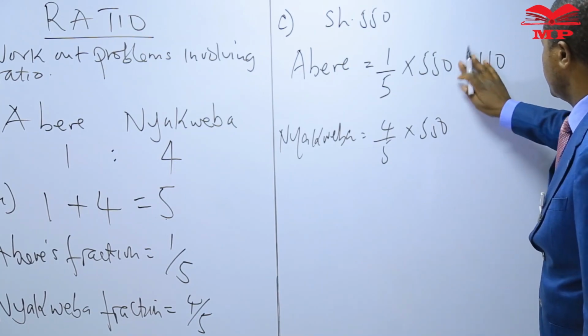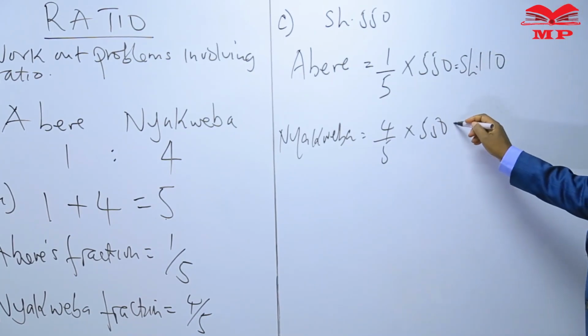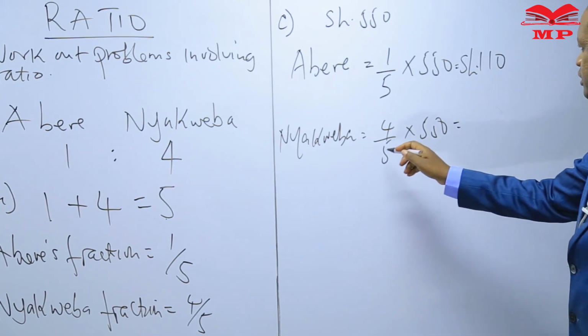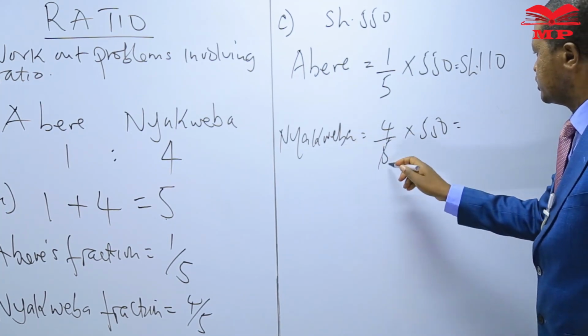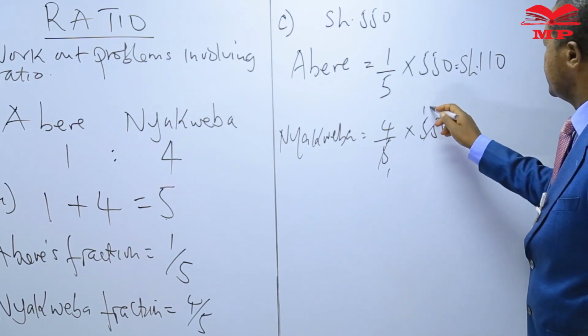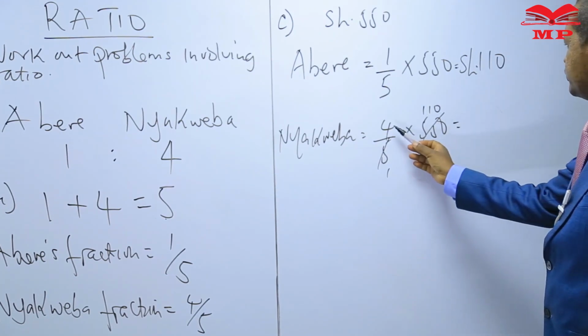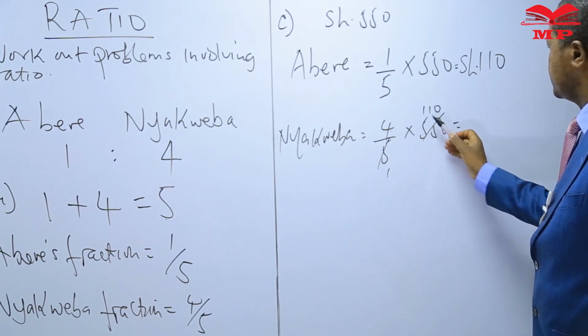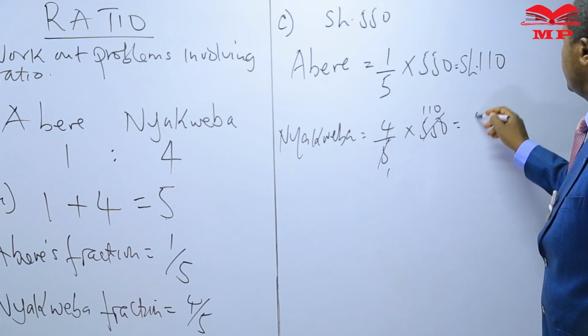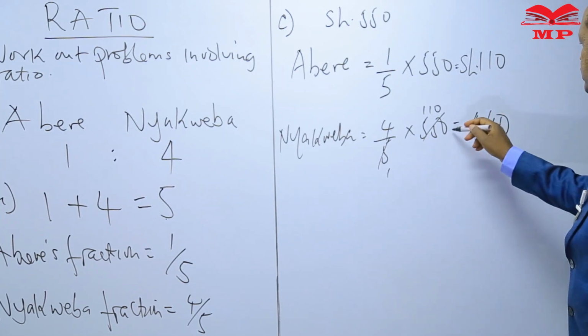This will be equal to 110 shillings. Then Nyakweba, 5 goes here once, 5 goes here how many times? 110. So this will be 4 times 110, giving us 440 shillings.